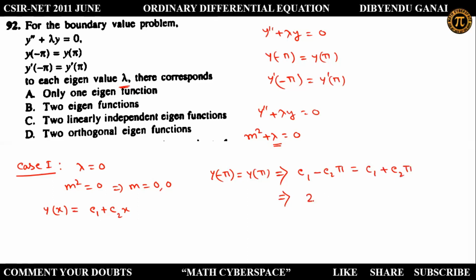So from here we get 2c2π = 0. This implies c2 = 0.